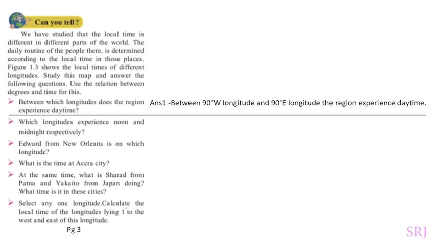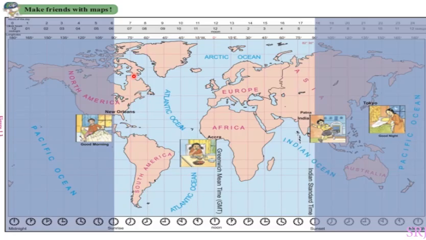Question number 2. Which longitudes experience noon and midnight respectively? So here, noon. Now which longitude is experiencing noon? It is 0 degree. So 0 degree longitude is experiencing noon. And which longitude is experiencing midnight? See, first, midnight is over here.